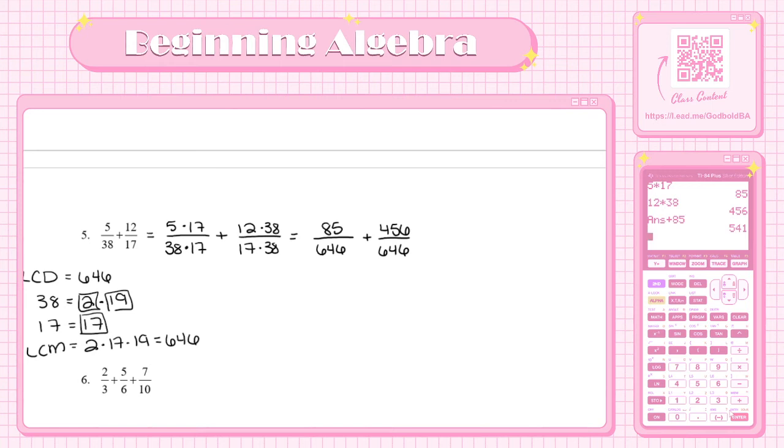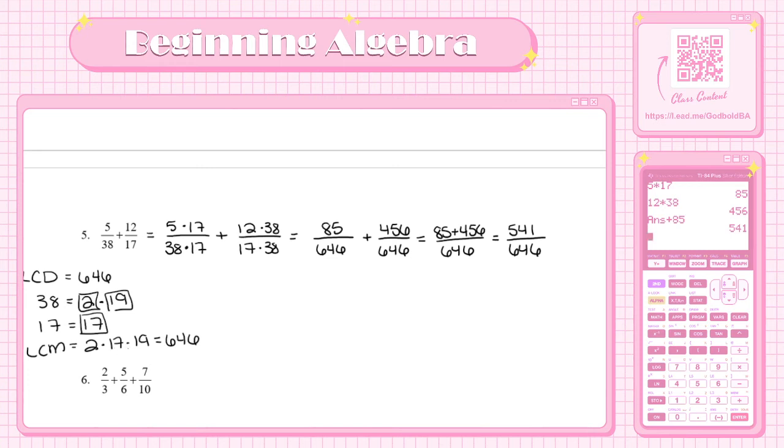Okay, so to get the result, we now need to do 646, and then this is just 85 plus 456. Okay, so 541 over 646. This one actually is not as hard to simplify as you might think. Okay, so we already know what the prime factorization of 646 is because we've got it written right here.